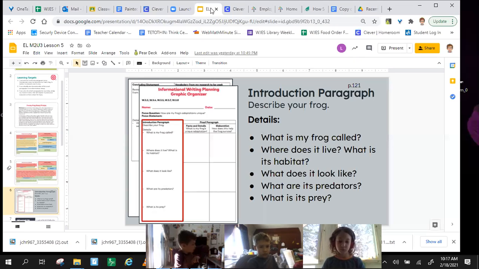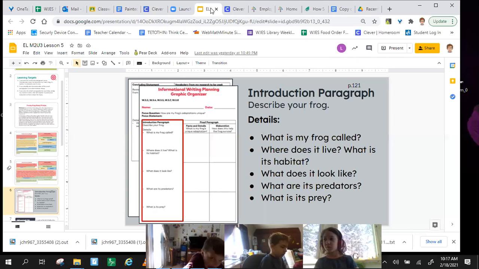Mrs. Harrison didn't say anything about her predator. If you have a nice paragraph and you leave one of those items out, is that okay? Yes, it's just to give the reader an idea about your frog. You're not answering questions.